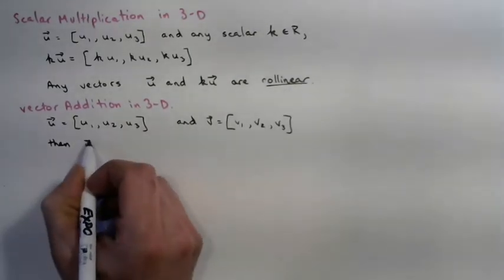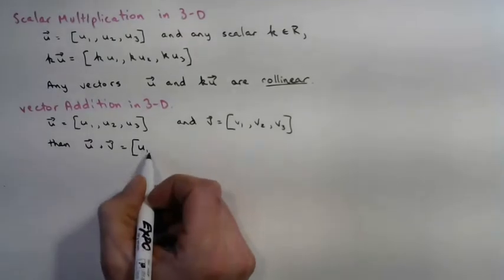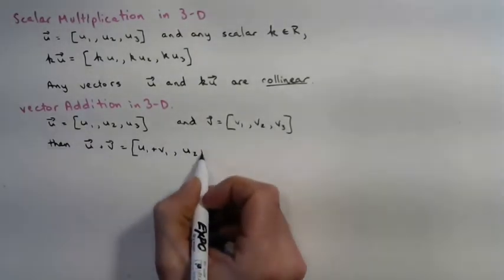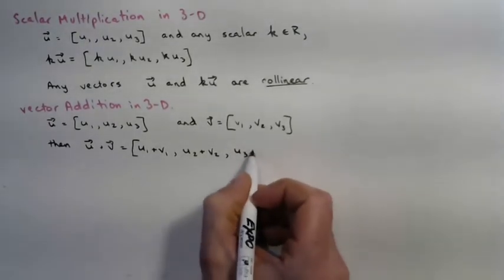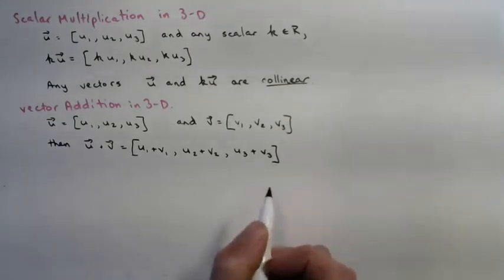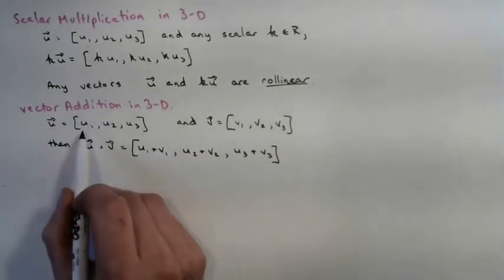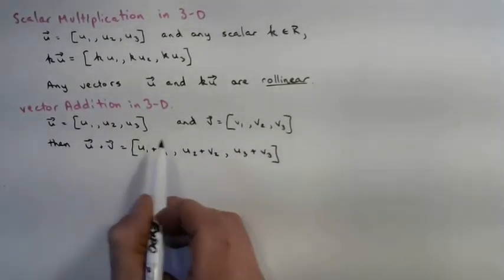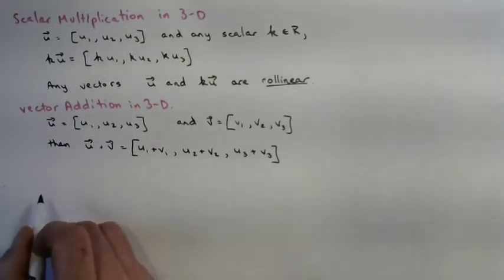Then u plus v is just u1 plus v1, comma, u2 plus v2, comma, u3 plus v3. So it's just the sum of the magnitude of each vector in the x direction. Then how far are we going total in the y direction? Then how far are we going total in the z direction?